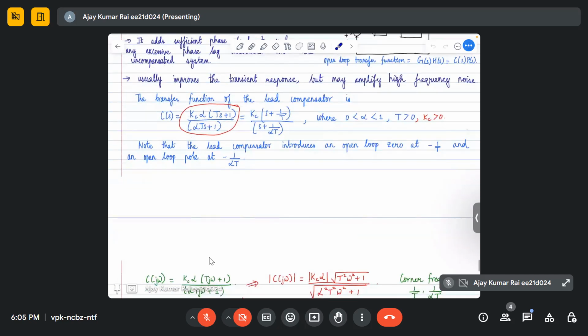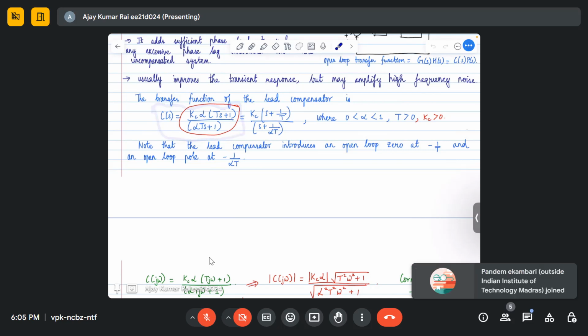So the transfer function is given like this here, where we have three variables: Kc, alpha, and T. Alpha is between 0 and 1, and T and Kc are greater than 0. Correspondingly, if you see the transfer function, we have a pole and a zero.